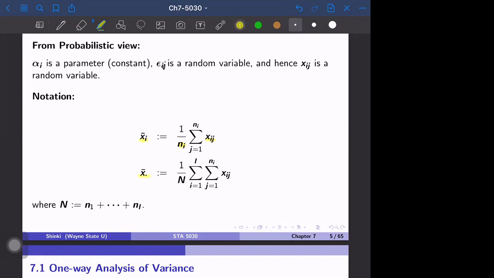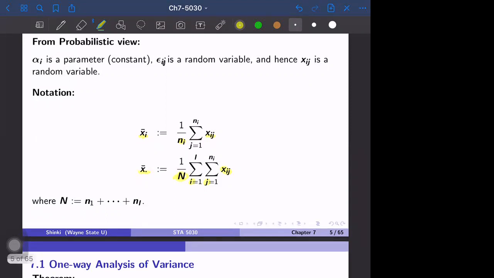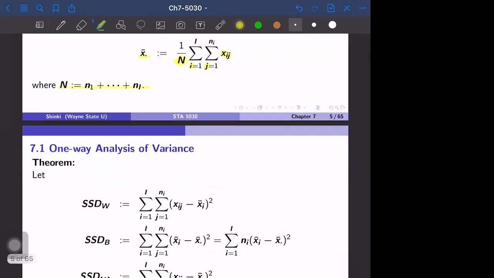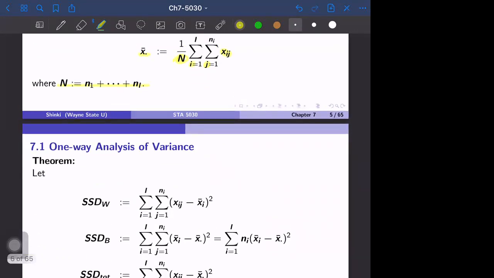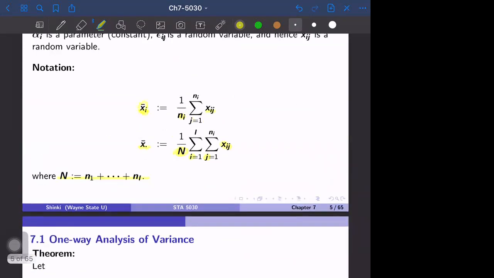We take the summation over all i and j, then divide by N. So it's the entire average, not the average of the x bar_i, but just the average of all x_ij. Here capital N is the total sample size, so n_1, n_2, up to n_L sum to capital N. So these notations are pretty convenient.